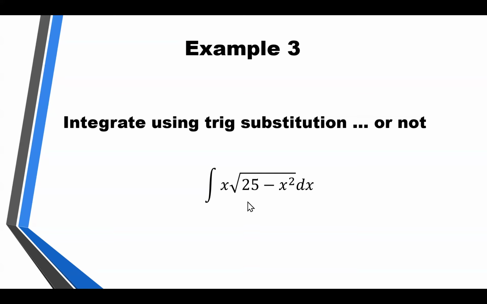You could do trig substitution if you want, but it's a little bit more complicated. Therefore, if you have the option of doing trig substitution or a normal u substitution, pick the normal u substitution. Let me show you, just remind you how that's done.